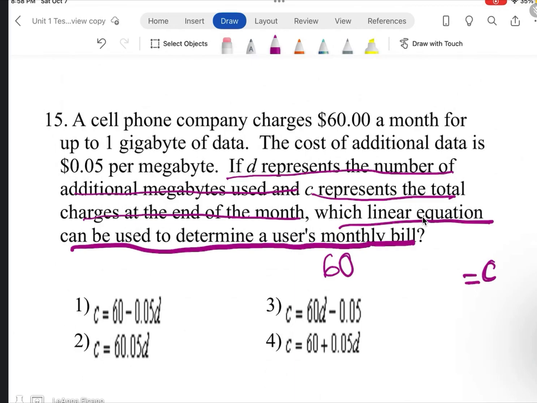And then, right after the $60, we add on 5 cents per megabyte, and the number of additional megabytes is represented by D. So D equals the number of additional megabytes.